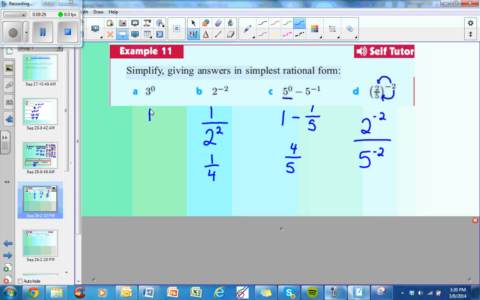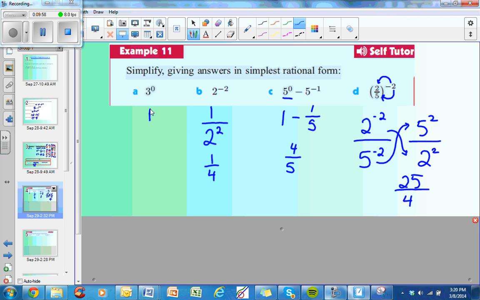And we said what this means is we're going to flip these over. So this one is going to come down here and have a positive. If I flip the top to the bottom, the same is going to happen here with this 5. I'm going to flip it up here and make it positive. So the answer to this one is 25 divided by 4.